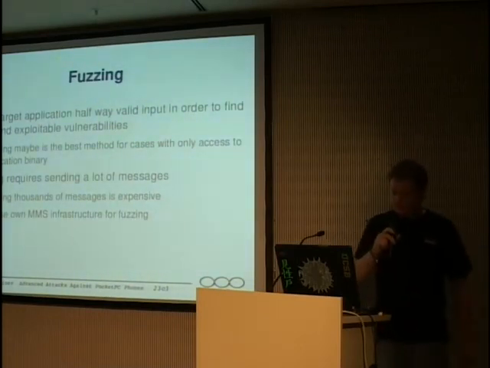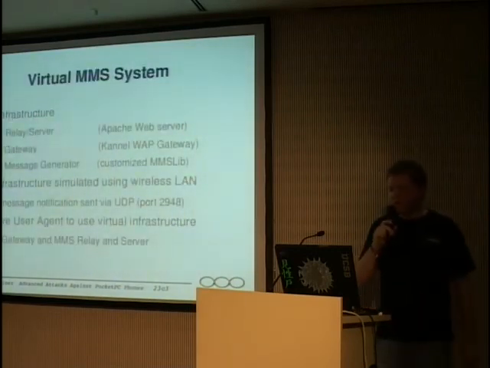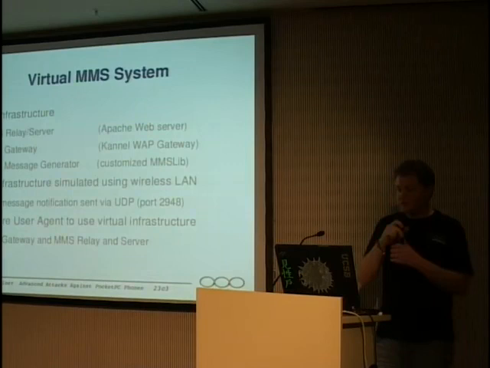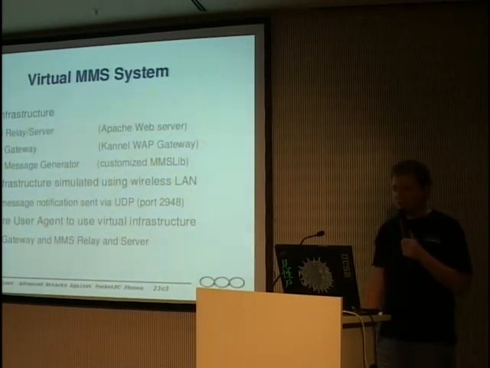But as I said, we can abuse the UDP port thing on PocketPC to build our own virtual MMS infrastructure. So you basically take some web server, I took Apache, a web gateway, and something to generate MMS messages. You can configure in your PocketPC phone: use a wireless LAN interface for MMS, use this server, use this IP, use this port.